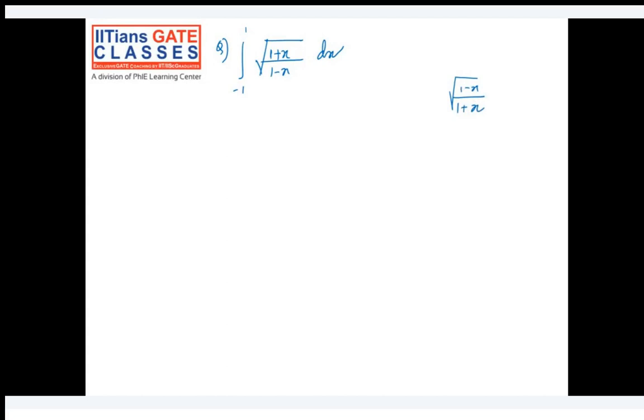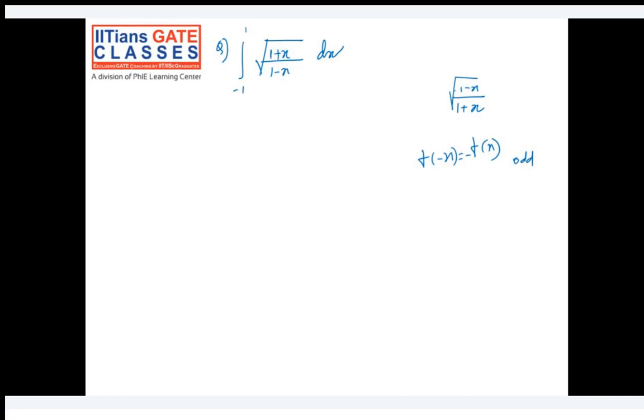So this is not the same as saying f of minus x equal to minus f of x. So this is not true. You cannot write this, this is for odd, right? Because you cannot take the negative common outside this root.